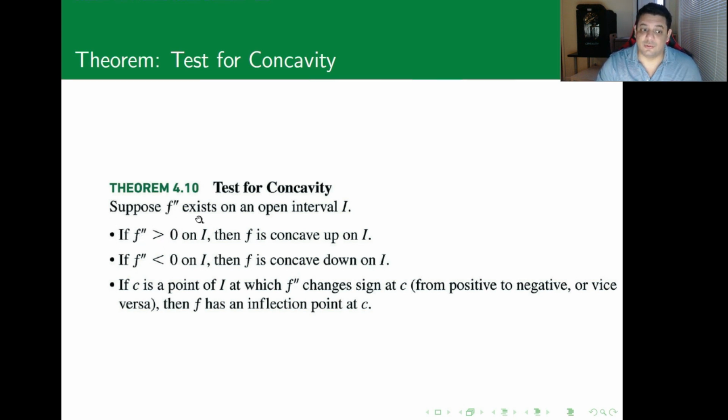If the second derivative is positive on I, it means that f is concave up on I. And if f double prime is negative on I, then f is concave down on I. Looking at the sign of the second derivative is much easier than checking tangent lines and how they change. And this is very similar to the criteria of the first derivative, where we use it to check increasing and decreasing. So you probably know the way we're going to go with this.